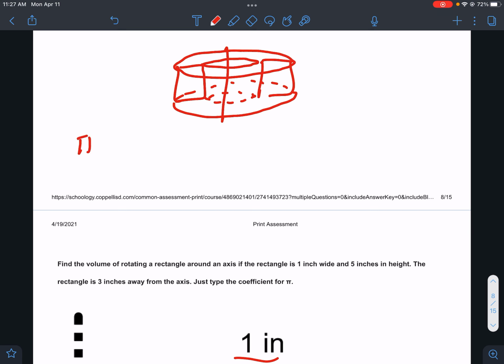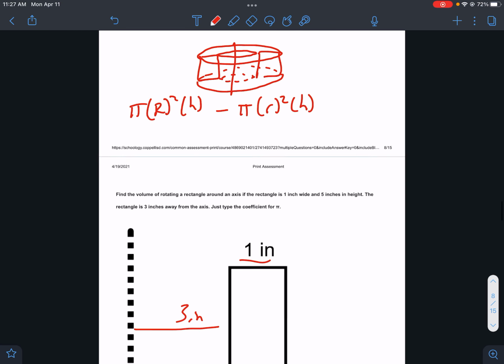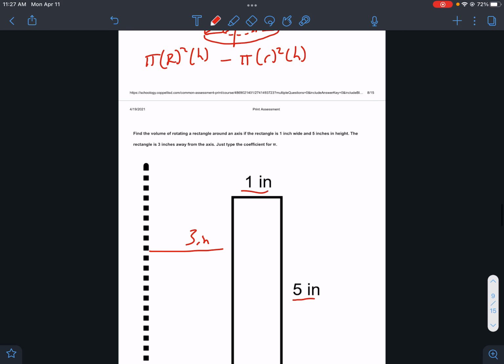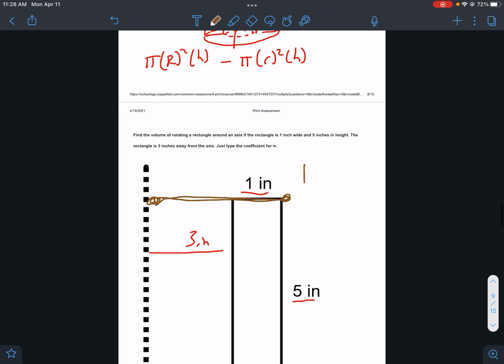So it's going to be pi times big R squared times the height minus pi times little r squared times the height. So the big R would have to start here and go all the way out. So big R has to be 3 plus 1, 4. And then little r would be just this portion, 3. And h for both of them would be 5.